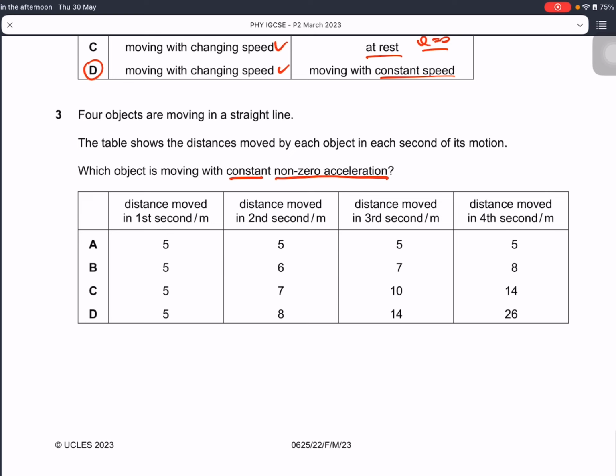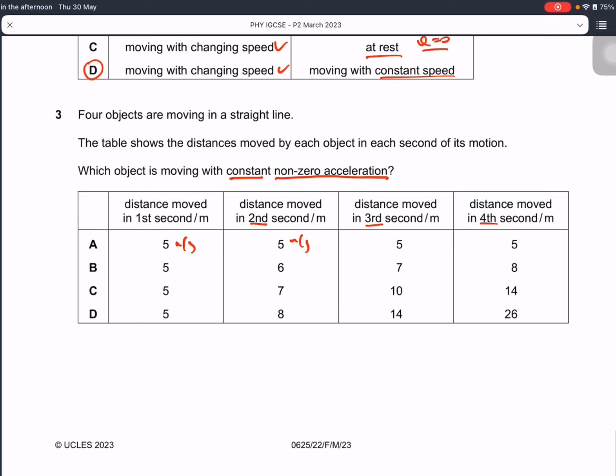So distance moved in the first, second, third, and fourth seconds. This means 5 meters in the first second, and it moved 5 more meters in the second. So basically, these are the speeds or velocities, in meters per second.